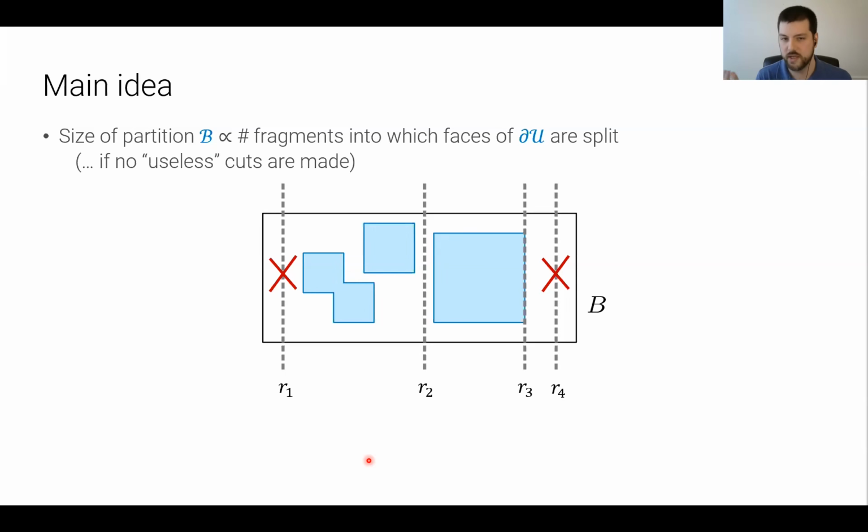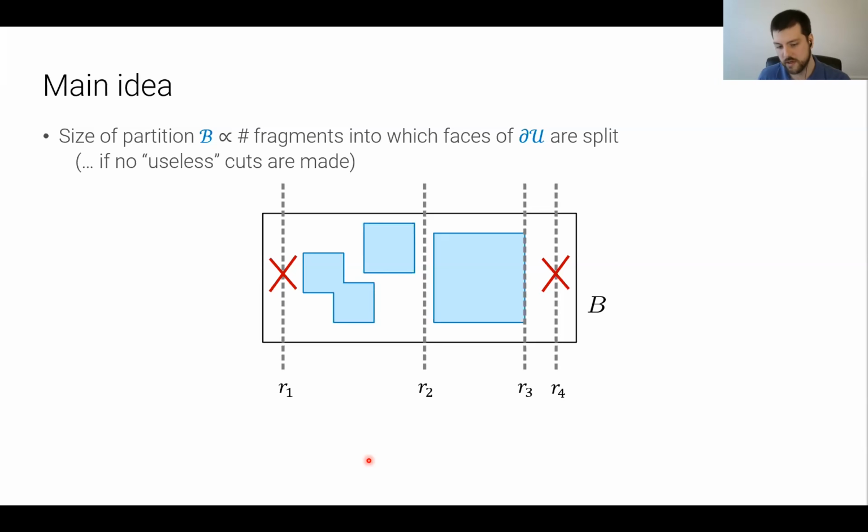And so what is a useless cut? As the algorithm as we describe it in the following, we might be making a cut such as R1 or R4, which splits the box into two pieces where nothing lies on one side, and it does not even trap a fragment in the process.